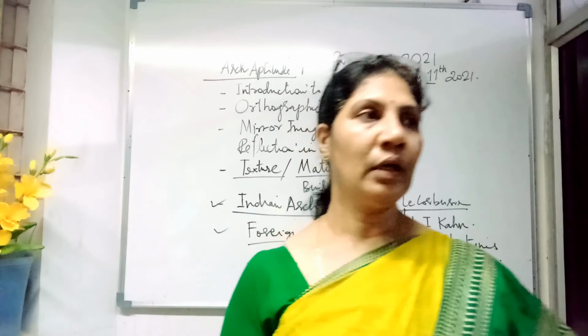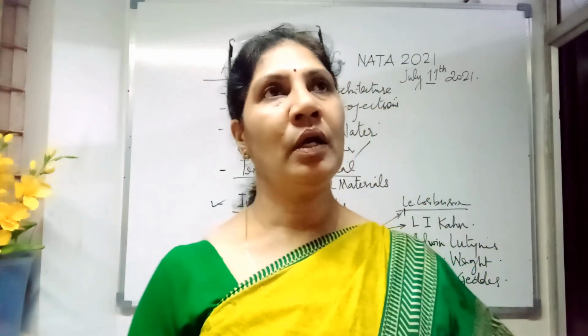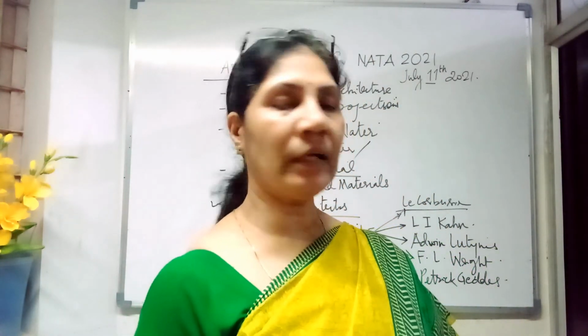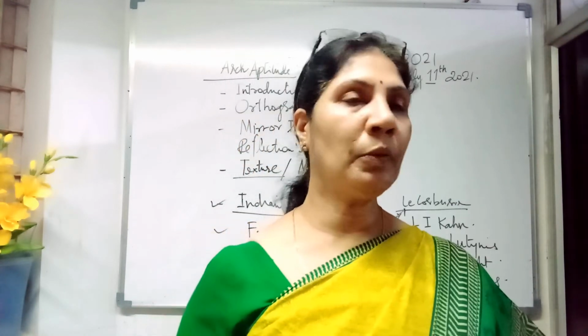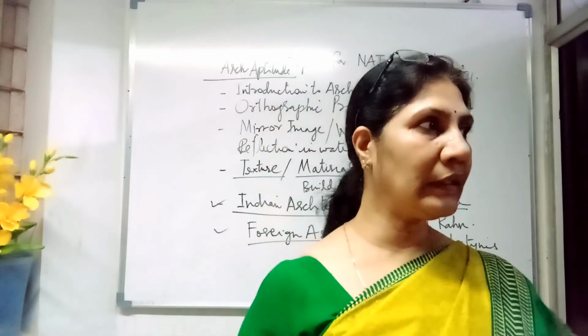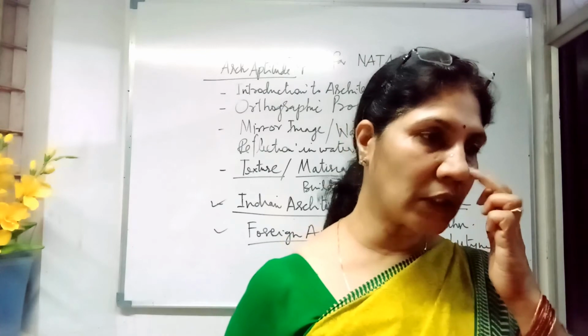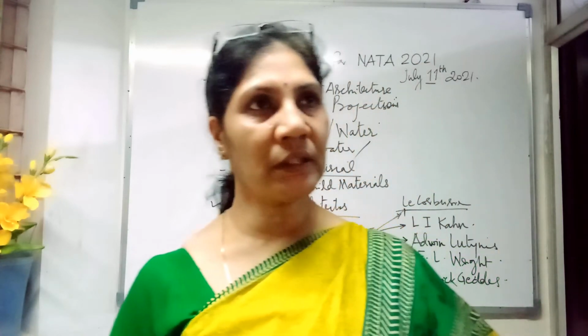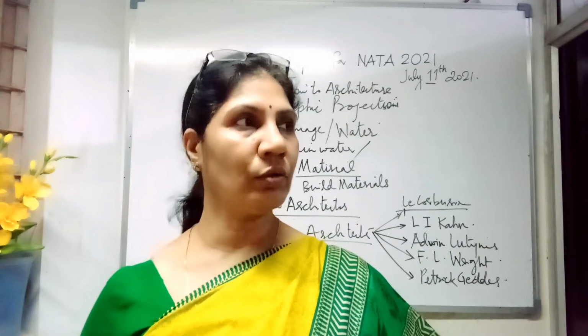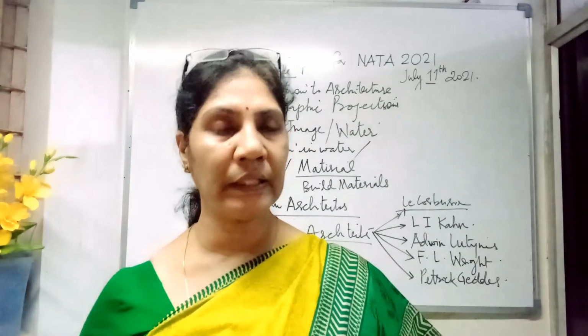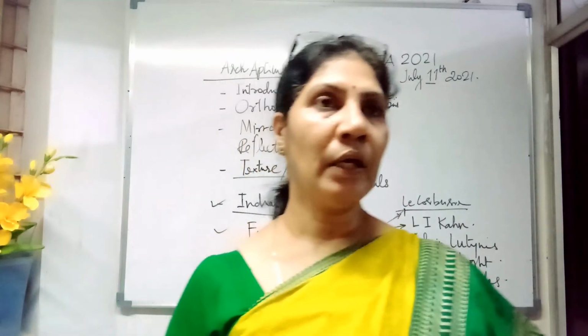In India, during Nehru's time, Nehru ji had a vision that proper planning should be done for the development of the country. So we should identify some areas, some locations, some cities where everything should be properly planned. Not only an individual house, but the entire city should be properly planned.